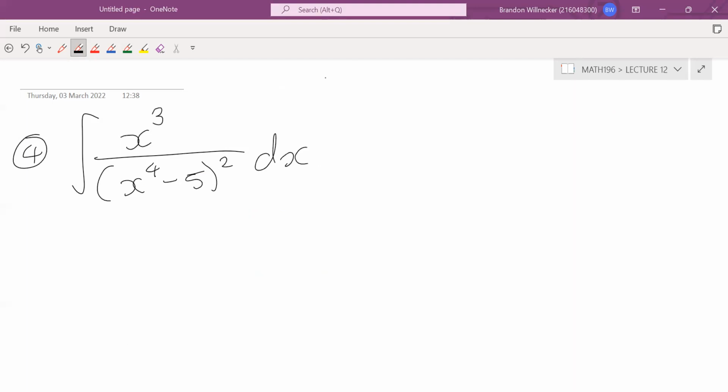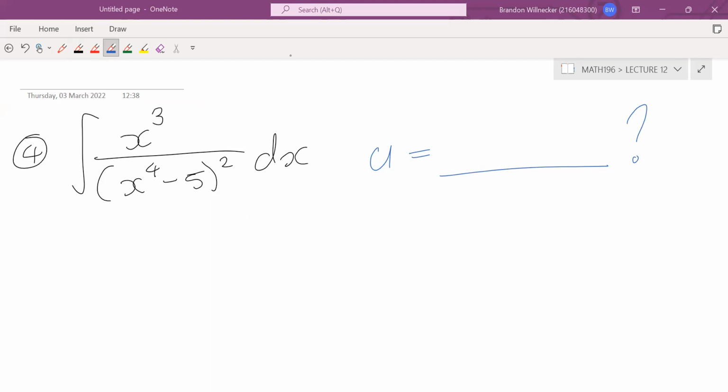So it's not super obvious what should be u, but would anyone like to give it a go? So u equals, what should we try? X cubed. No, not x cubed. So I'll give you a hint.